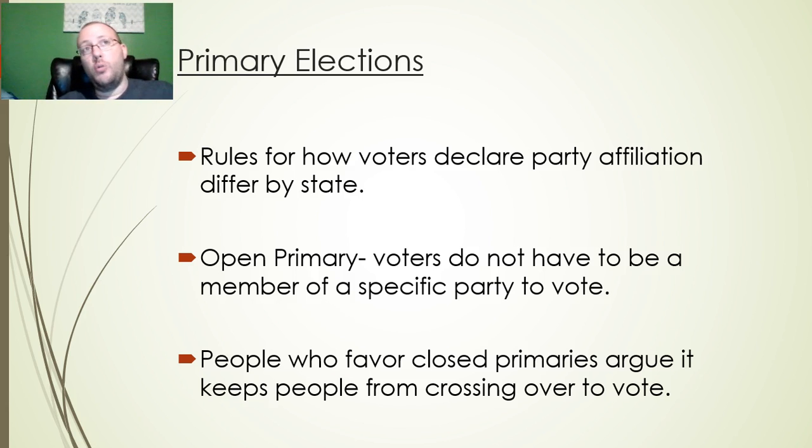A lot of times they'll say, well, what about if a Democrat goes over and votes against Trump, or whoever the main candidate is, to try and sabotage that person. The idea is a Republican swapping over and trying to sabotage Democrat nominees or whatever. So a lot of primaries are open or closed, but they do have open ones as well.